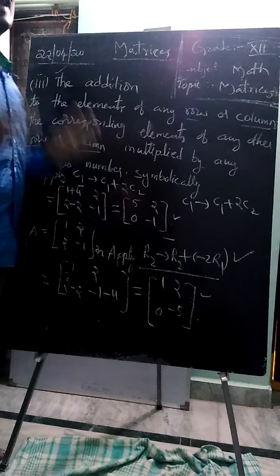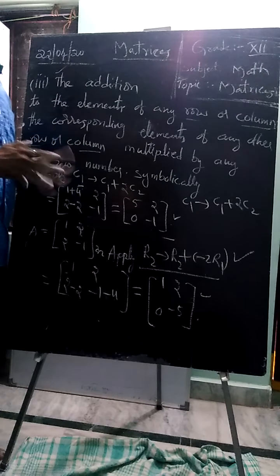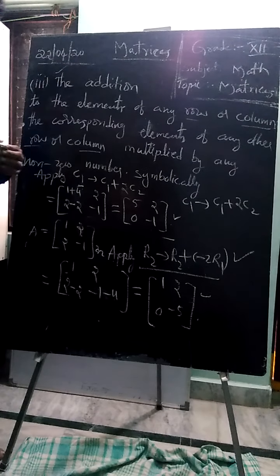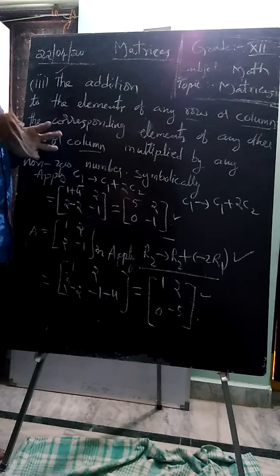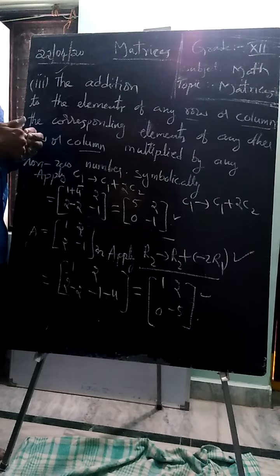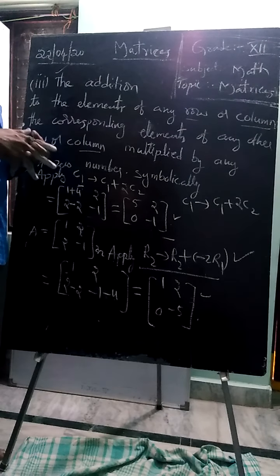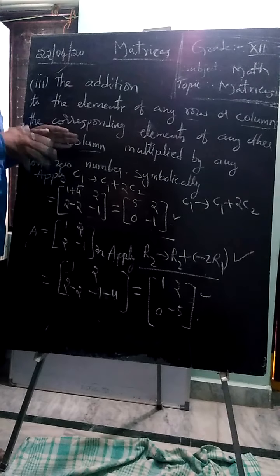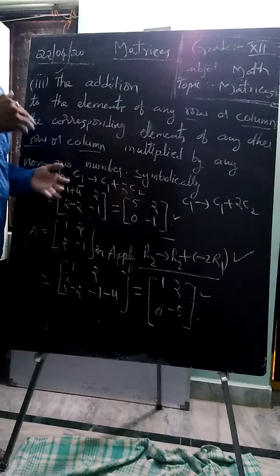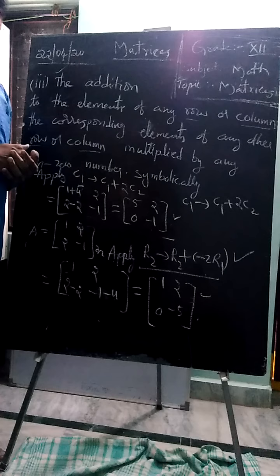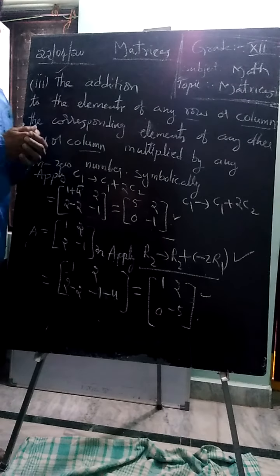Totally 6 elementary operations or transformations of matrices you have learned. These are useful to find the inverse of a given square matrix whenever it exists, but there is no rule that an inverse exists for every given square matrix. Wherever it exists we will find it, and we can say whether it exists or not also by applying these elementary operations. How to find the inverse of a given square matrix using these 6 elementary operations, we'll discuss next class.